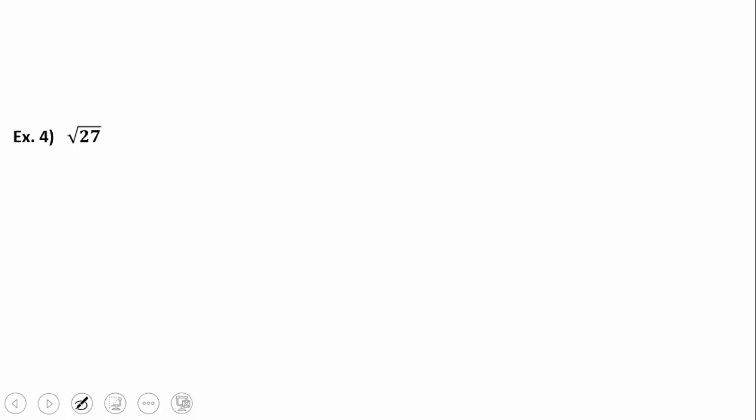The square root of 27. Well, 27 is not a perfect square, so the answer to this is irrational. Two more today. The 81 thirds. Is that rational, irrational, or anything else? Well, let's see. 3 goes into 8 2 times with 2 left over, and 3 goes into 21 7 times.